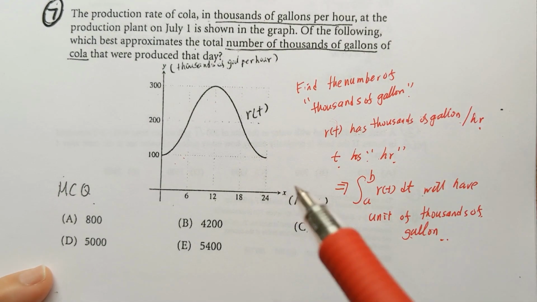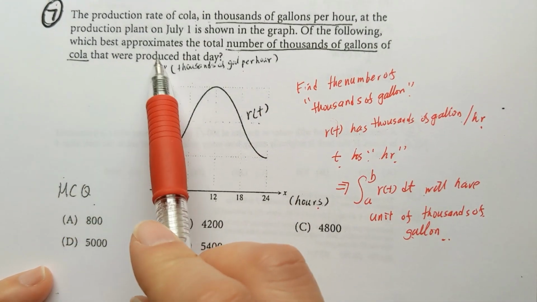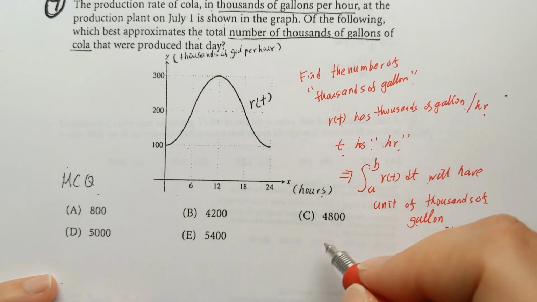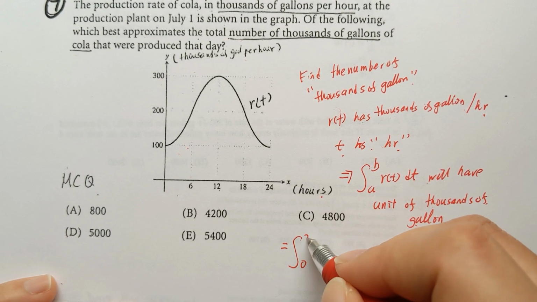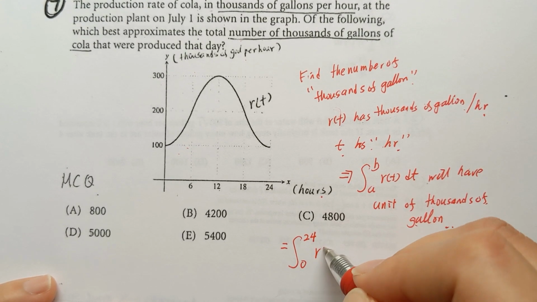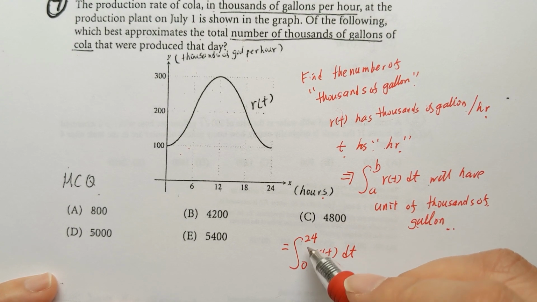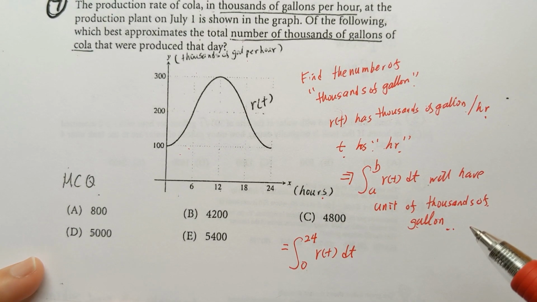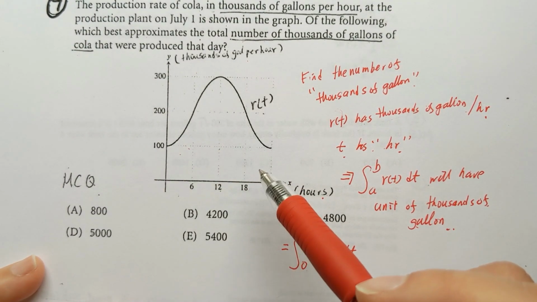So if you want to find out how many thousands of gallons accumulated in the day, all we have to do is the integral from 0 to 24 hours of R(t) dt. 0 hour to 24 hour. And this question gives us a diagram.